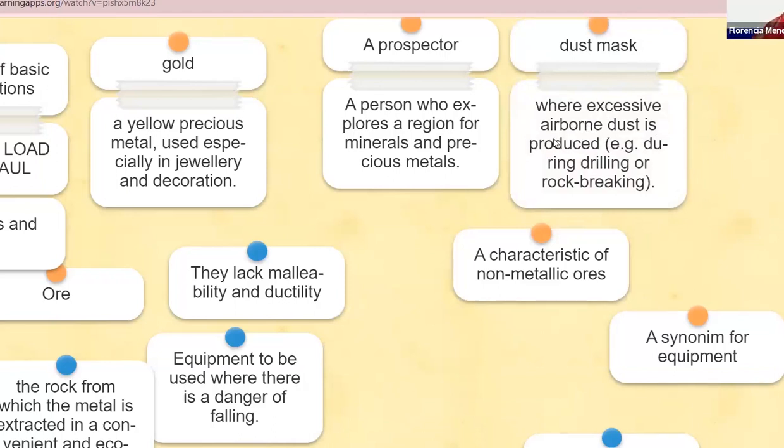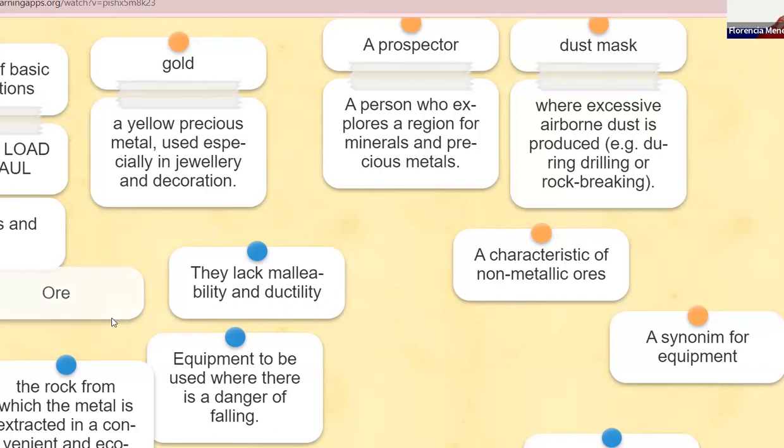Okay, airborne. Remember that's a new word we worked on last lesson. Airborne and suspension. Whenever we talk about airborne dust, it means that there are some particles of dust around. Ah, here. Yes, that is airborne. Very good.